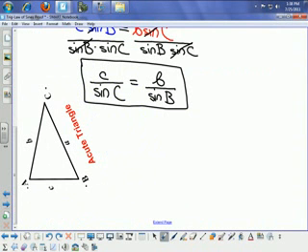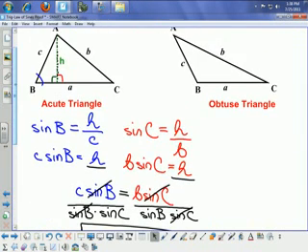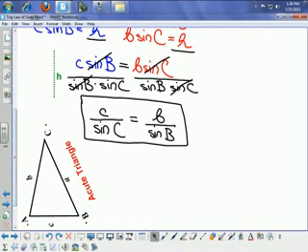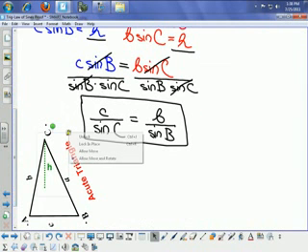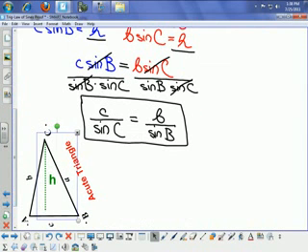So we're going to draw in a height. We're going to drop a height down. I'm just going to steal this one again. And let's see if this works. Okay, this works.